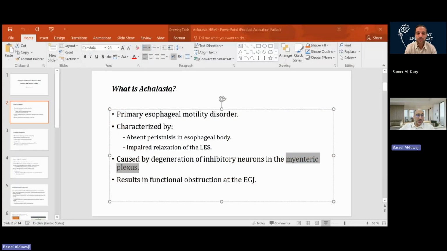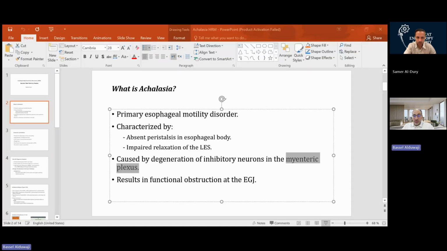I mentioned some points that are already included in the presentation. So the definition of achalasia is that it's characterized by two main things: the absent peristalsis of the esophagus body, and also abnormal relaxation of the LES.